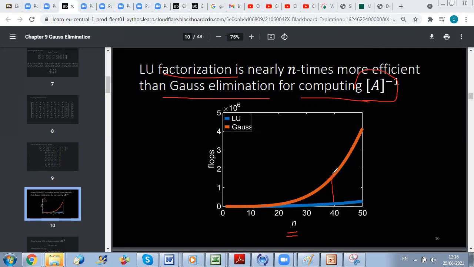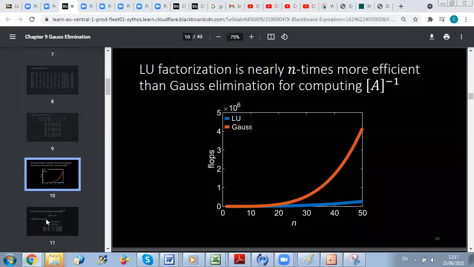You can see that the difference is largely increasing as n is increased. The number of operations is increasing very fast in Gauss compared to LU. This is why we say that LU factorization is much more convenient to calculate A minus 1, since here we benefit from the advantage that A is not changing, so just B is changing. Okay? We will practice this together on the following example.